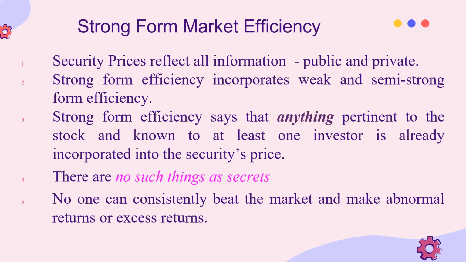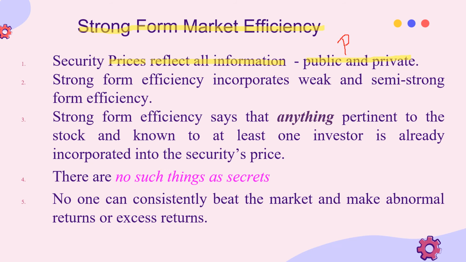Okay, next we will continue with the strong form market efficiency. So, dalam strong form market efficiency, the price of stock reflects all information which is public and private, and the other one is past information.